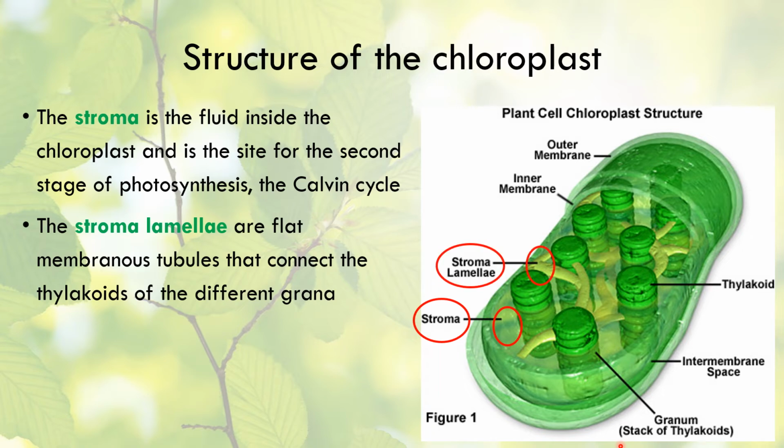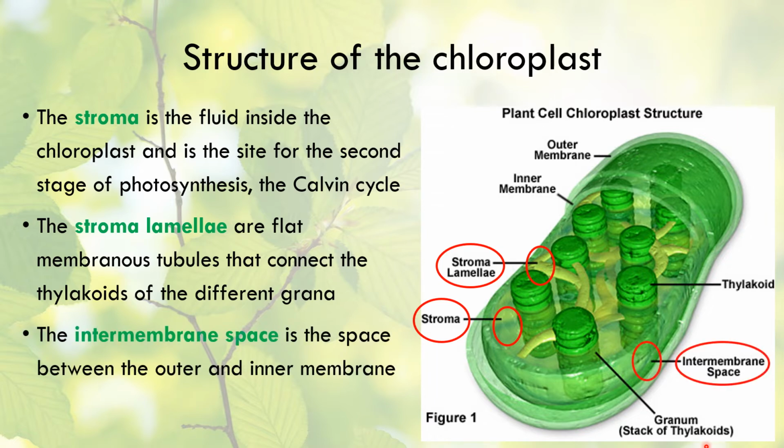The stroma lamellae, that's this bit here that interlinks, is a tube that links the different thylakoids with different grana. We don't go into that, but it can transport various bits and pieces between the granum, so between the stacks.